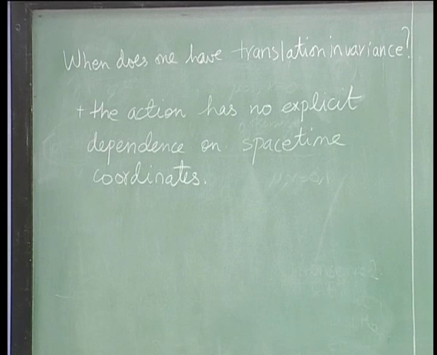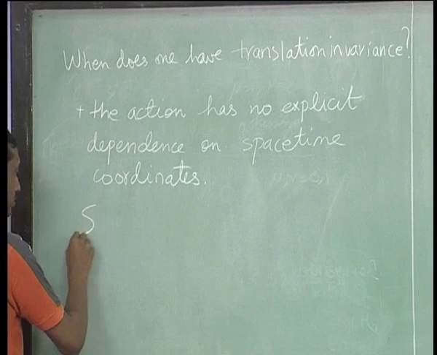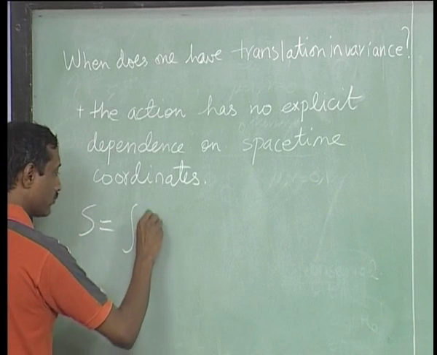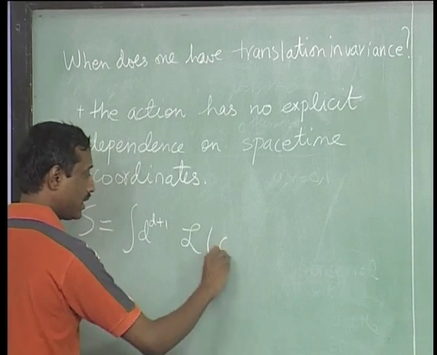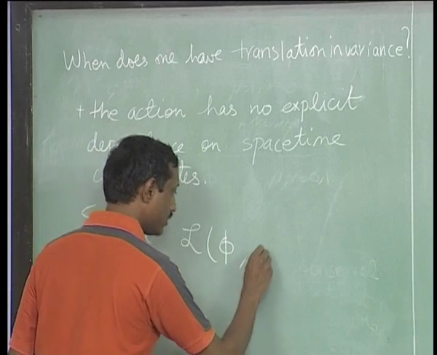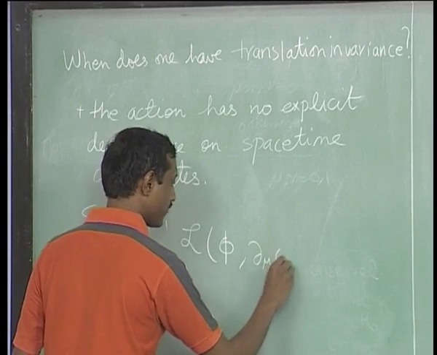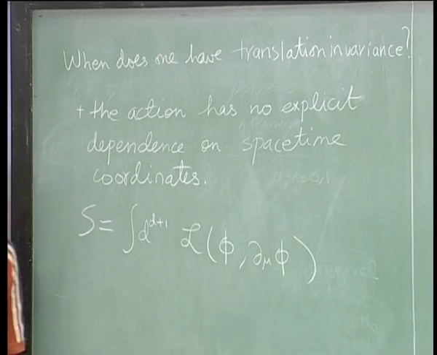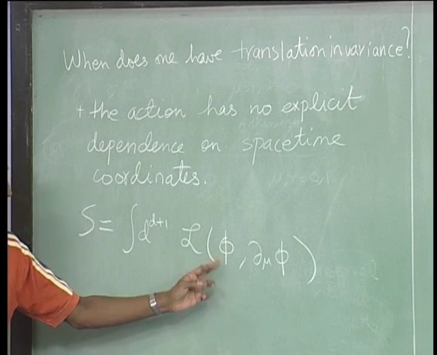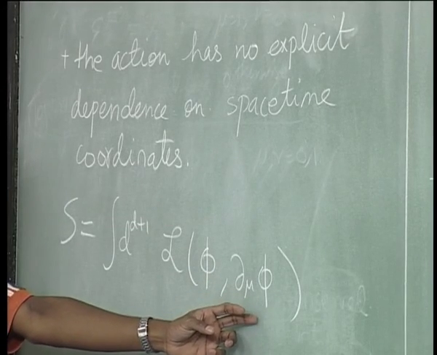In other words, for the actions which we have been looking at so far, we never had any dependence on coordinates, we only had dependence on the fields and their derivatives.